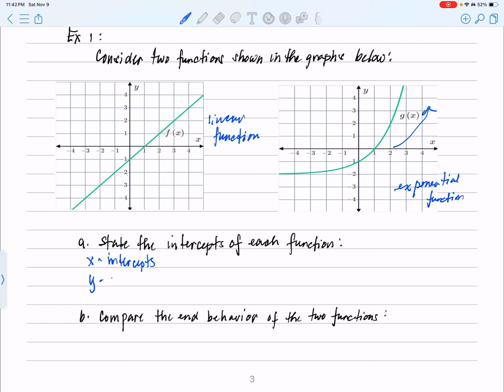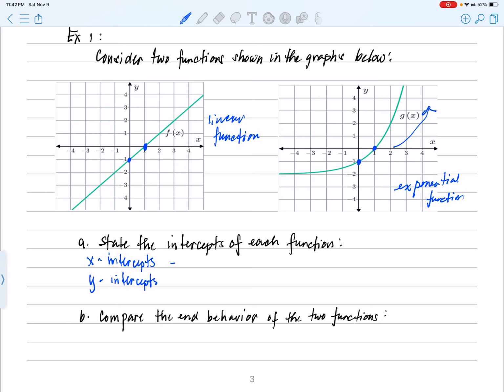When we look at the linear, we can easily see this point right here, it intersects at x, and this point right here, it intersects at y. How about the exponential? We can see it intersects at x as well, and it intersects at y as well.